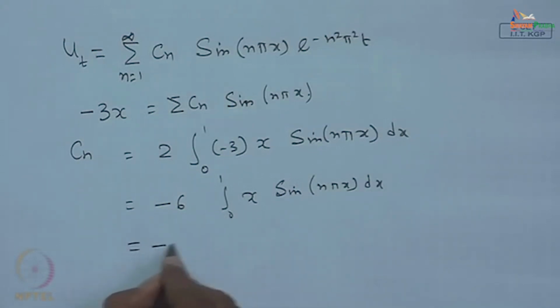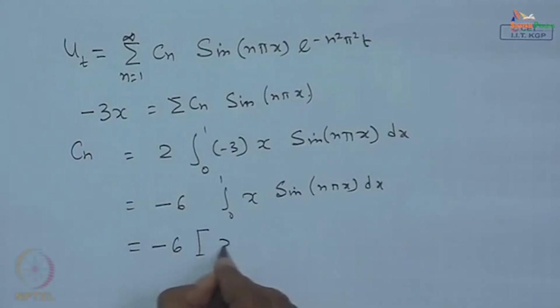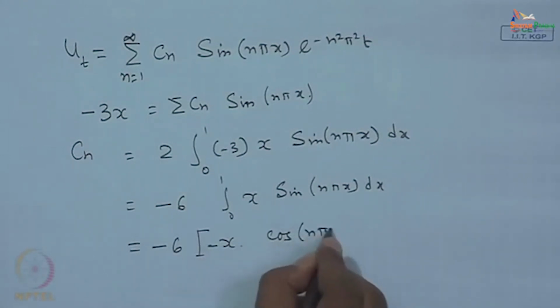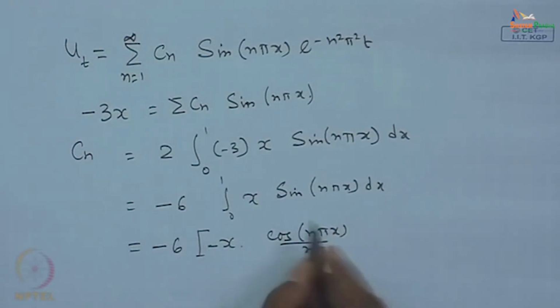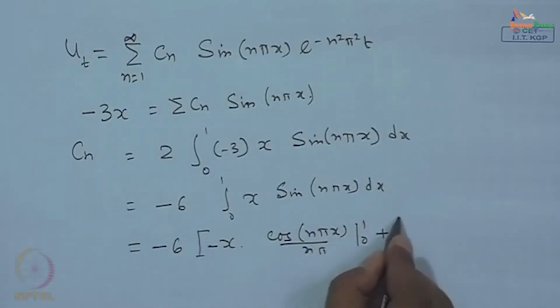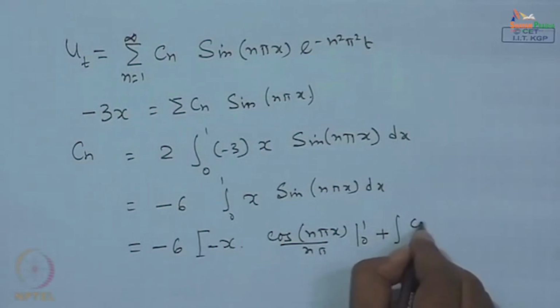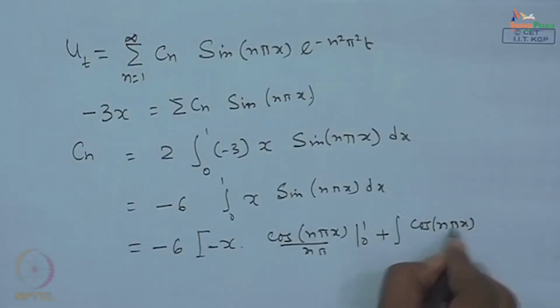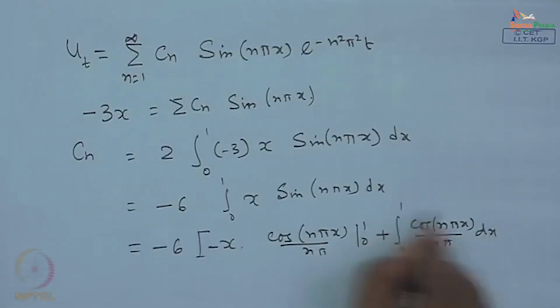Let me try to finish it off. So, first function, integral of second function with a minus sign, divided by n pi. So, integration of sine is minus cosine n pi. So, that is why this minus comes, 0 to 1, minus minus plus differential of the first function, integral of second function, divided by n pi dx from 0 to 1.